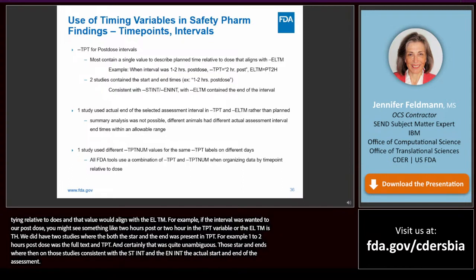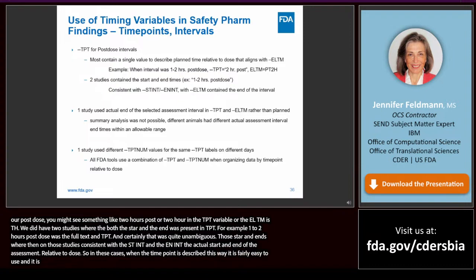So in these cases, when the time point is described this way, it's fairly easy to use, and it's clear primarily what is being represented by the time point text.